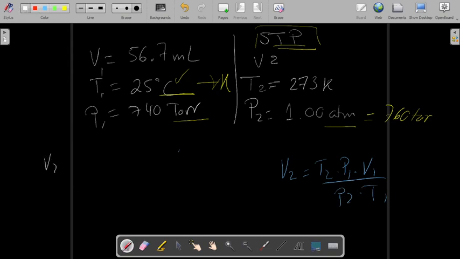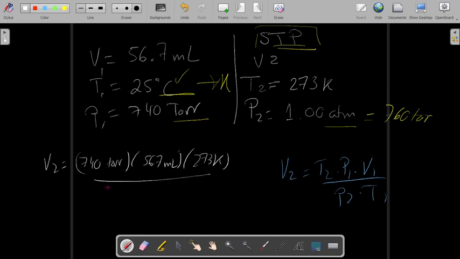So volume 2 equals 740 torr multiplying 56.7 milliliters multiplying 273 Kelvin and divided by 298 Kelvin multiplying 7.60 times 10 to the 2 torr.